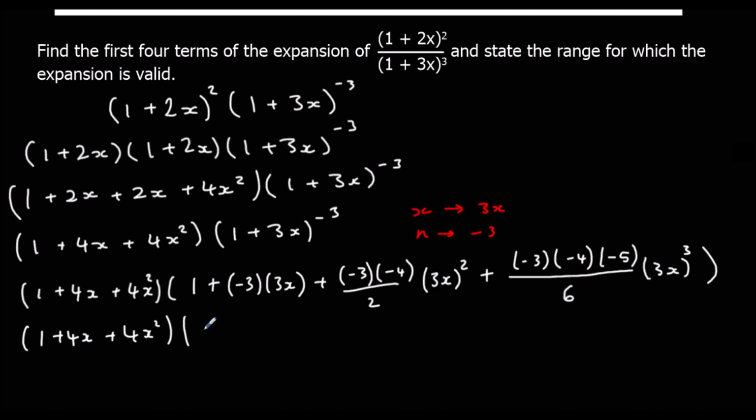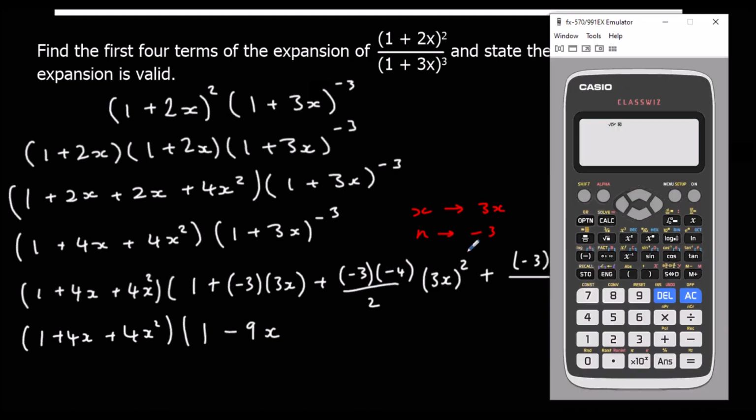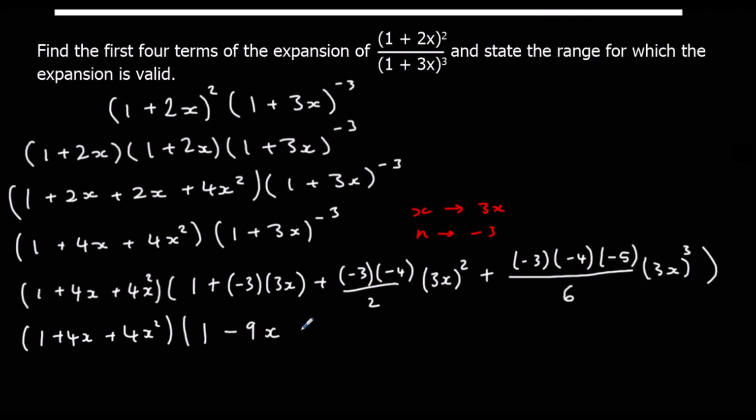So the first term's 1. -3 times 3 is -9. We've got -9x. And let's do the next one on the calculator. So we've got -3 times -4 over 2 times 3 squared. I'm just missing out the x. I'm typing everything else in the calculator. So this is going to be for the x squared term. So we've got positive 54, plus 54x squared.